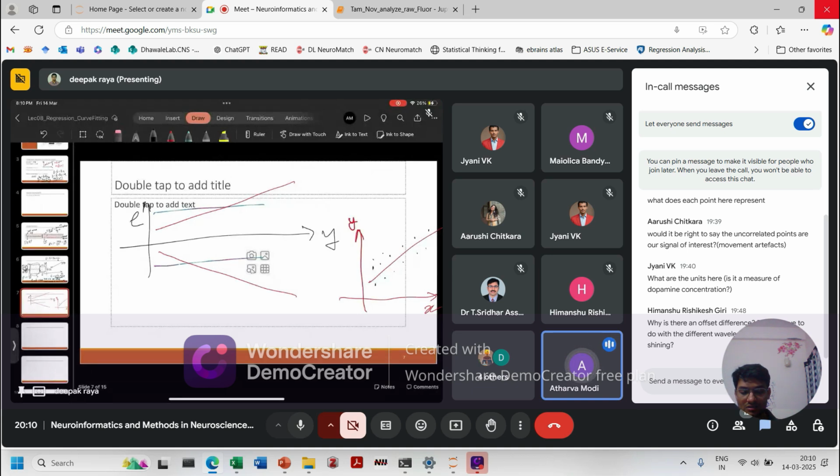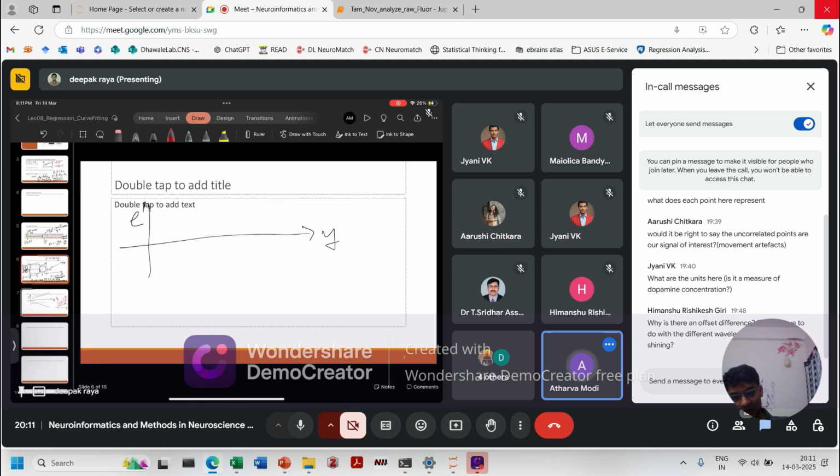But in this red case, what may happen is that it makes a funnel shape basically, like this. So these kinds of fit change in x and y. When x increases, the variation in y also increases.